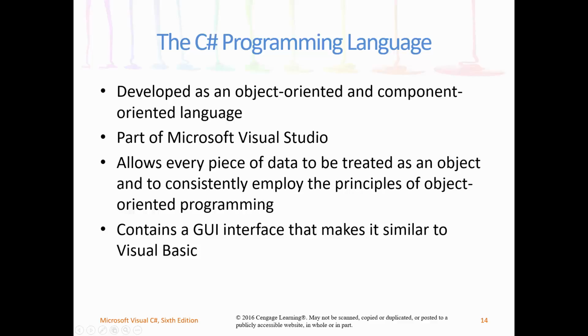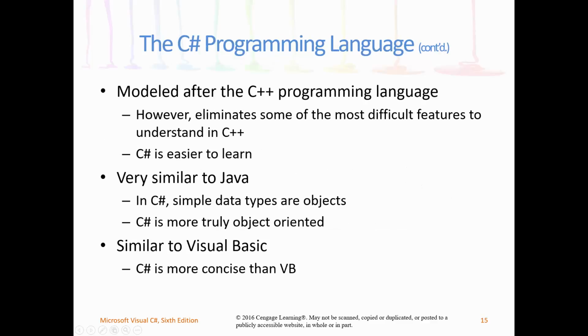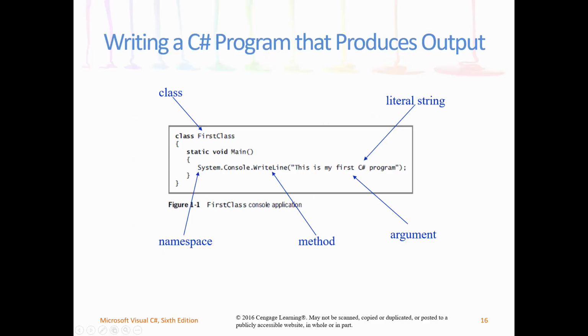You can write C# programs using a graphical user interface, or you can write them right from the command line. It's modeled after the C++ programming language, but C++ is one of the hardest languages to learn because of some things that it allows you to do and some that it doesn't allow, and the way you have to do certain things. So in many ways, C# was built so that people wouldn't have to learn C++. And again, this is pronounced C sharp. It's similar to Java. It's similar to Visual Basic.